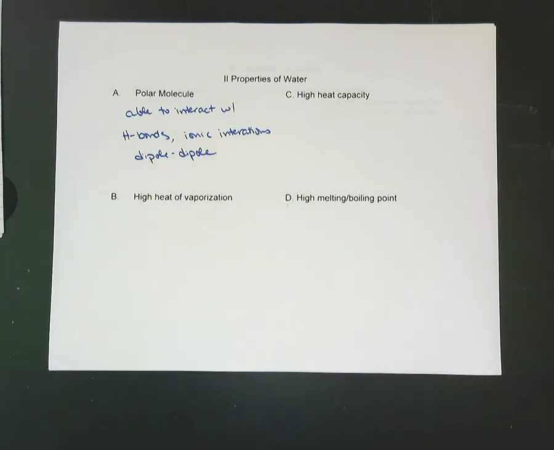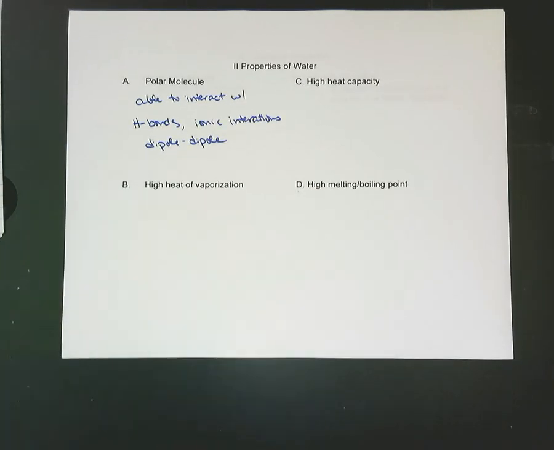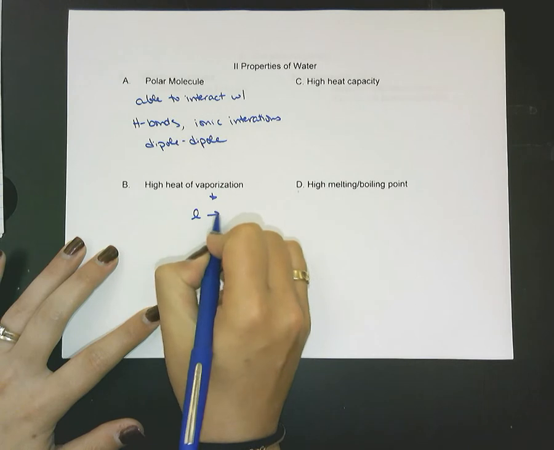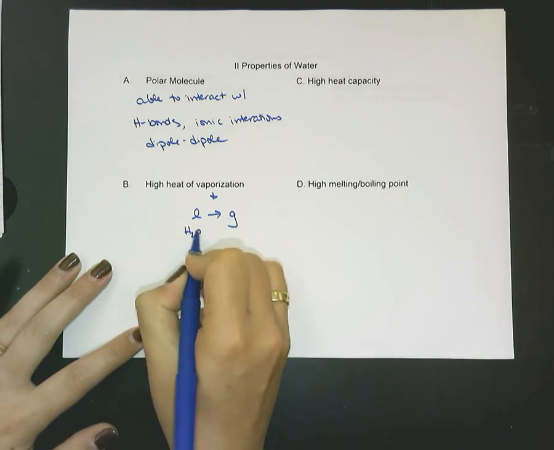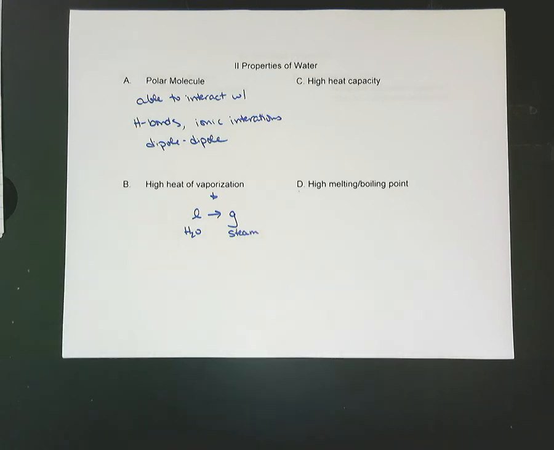It's able to do all of those things. Water also has a high heat of vaporization. So what state of matter am I going from if I'm vaporizing something? Liquid to gas. So, right, water's my liquid and steam would be my gas.